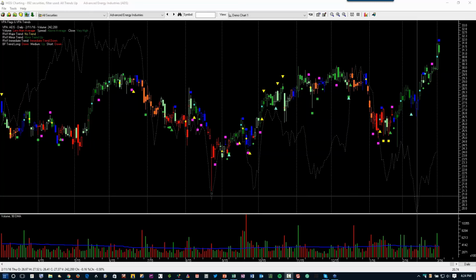It's all about market manipulation, and it's all about seeing what these signals alert us to. Now, a lot of people would consider this area here very weak because this stock has come down, but it's actually showing strength right here.